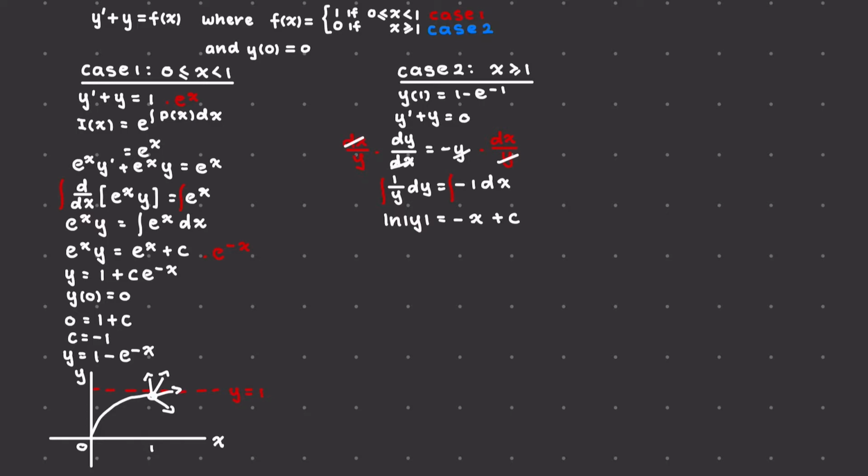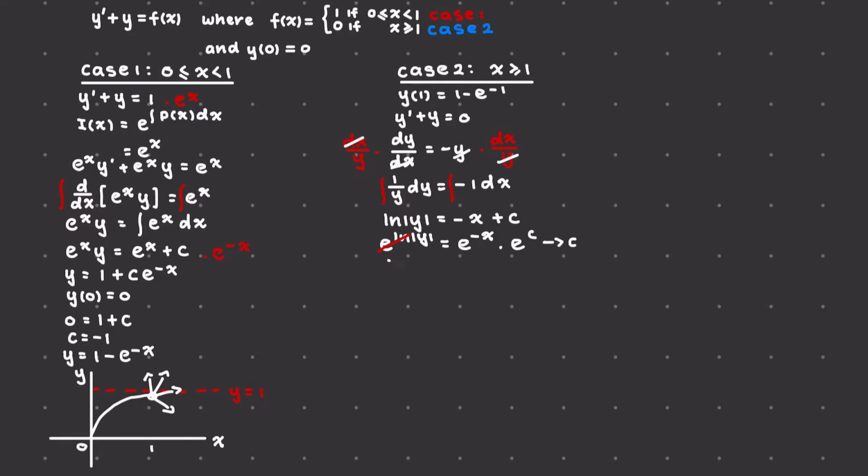And then we can exponentiate both sides to remove our natural log on the left hand side here. So we can cross out the e, or the exponential, with the natural log, and e to the c here is just c. Remember, e to the constant is just a constant, okay?